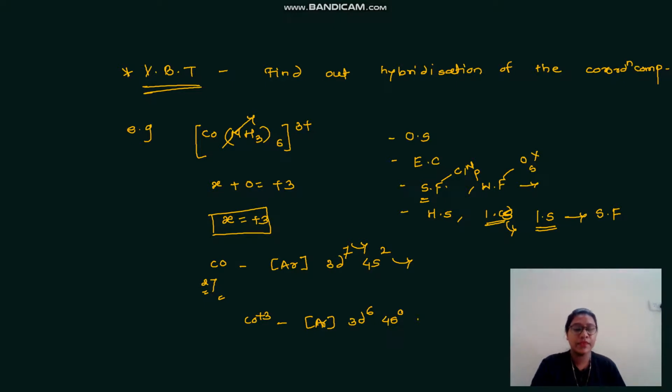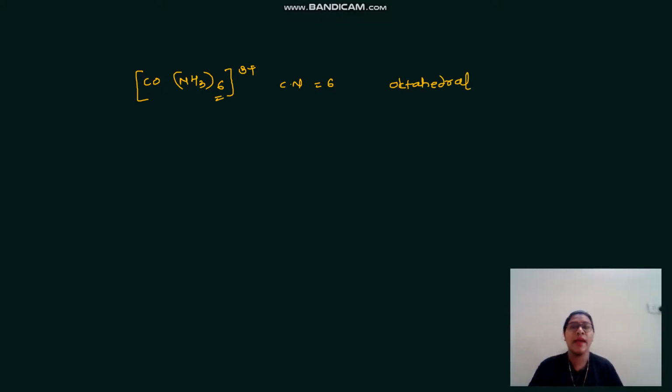Now we can see how to calculate the hybridization of the complex [Co(NH3)6]3+. Here the coordination number is 6. Therefore the complex is octahedral.